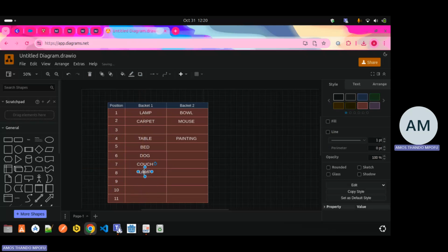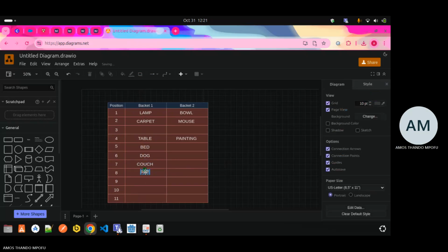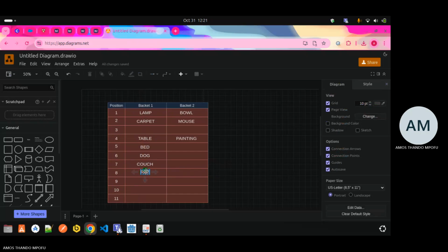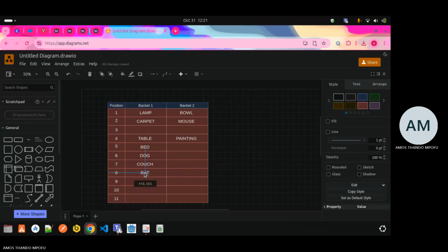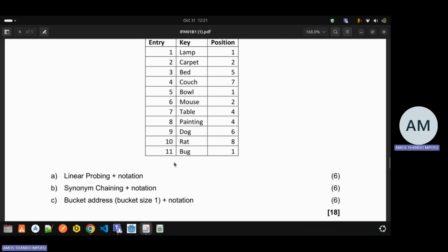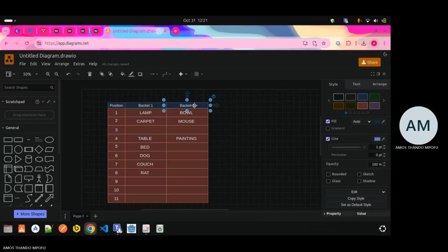Index 8. So this will be rat. And then the last one is bug, which is at index 1. It's bug, 1. So you see now we are forced to have a third bucket.